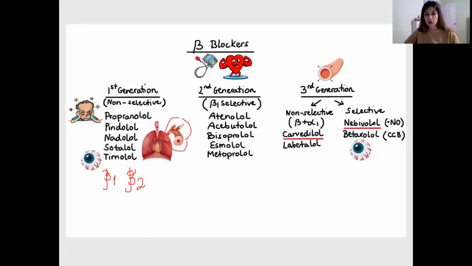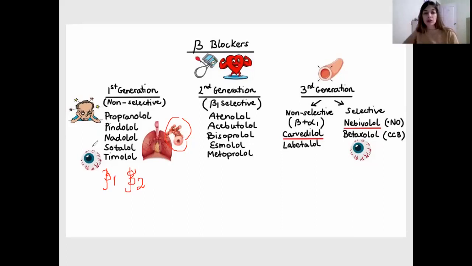This is a constriction of bronchi. Why? Because this is the beta 2 receptor effect. Stimulating beta 2 receptors relaxes bronchi, but if you block them, they contract bronchi.